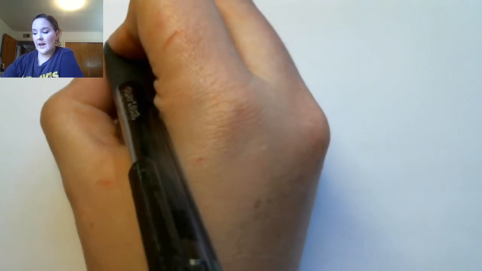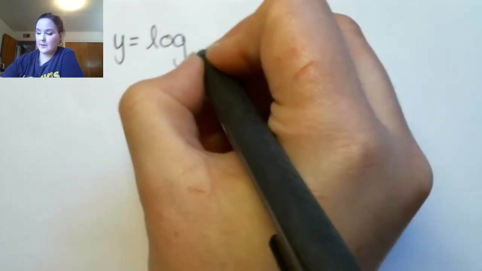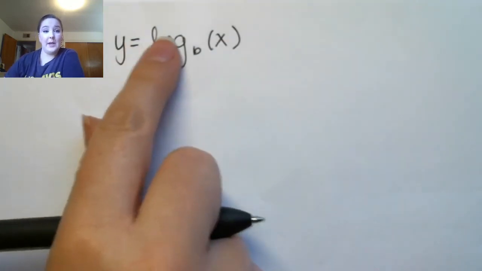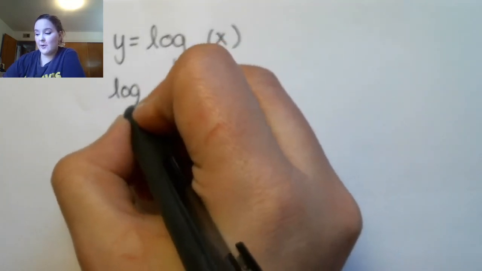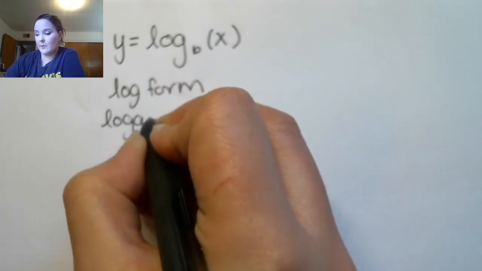All right, so let's talk a little bit about the relationship between logs and exponentials. We know that we can have something like this, and because it has a log in it, this is shockingly called log form, which is short for logarithmic form.